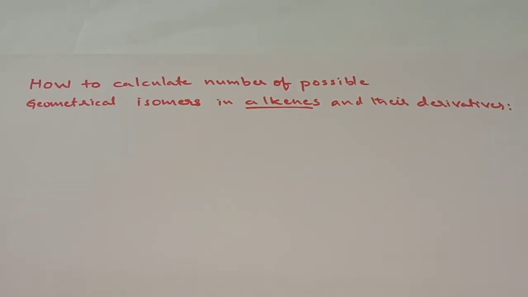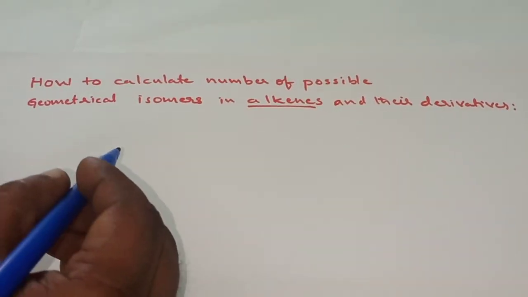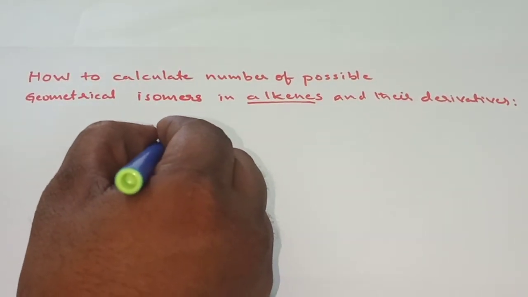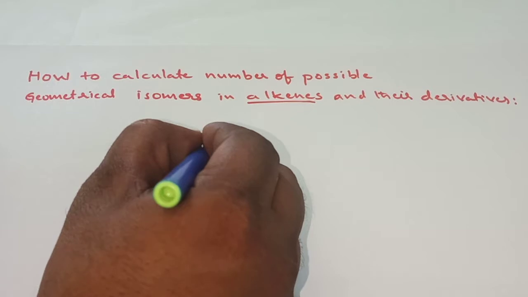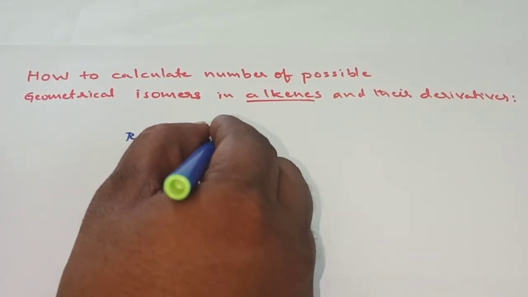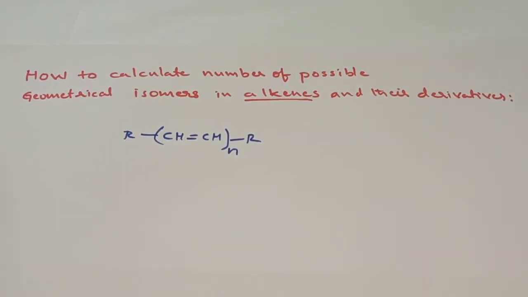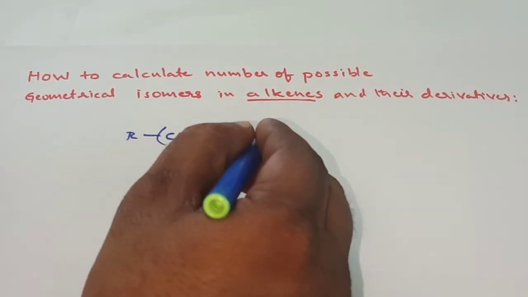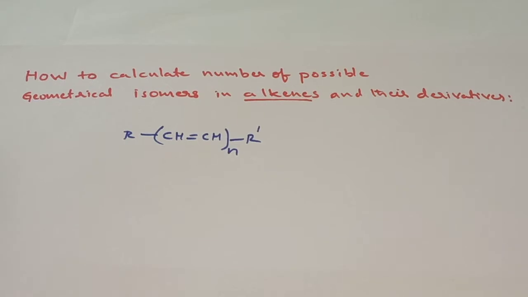Here, what I'm doing is writing an alkene in a generalized formula like this: R-CH=CH-R', where the double bond unit is taken n times. I'm labeling one end R and the other R prime.